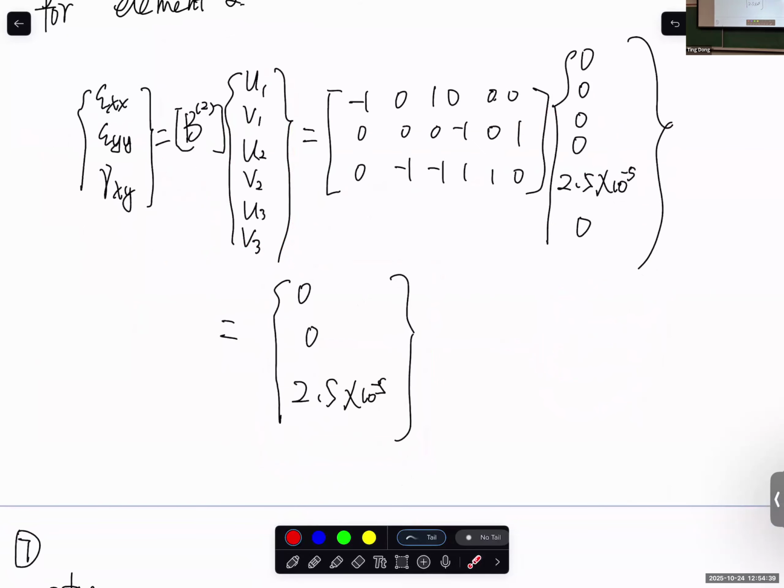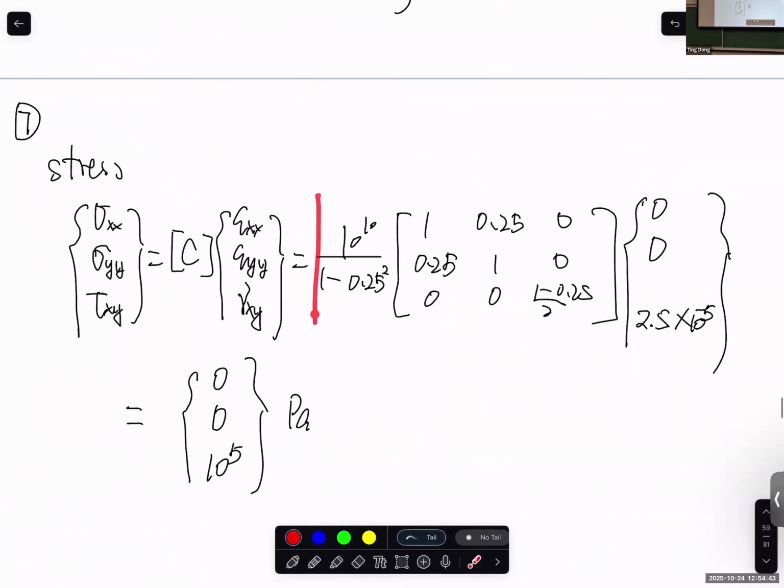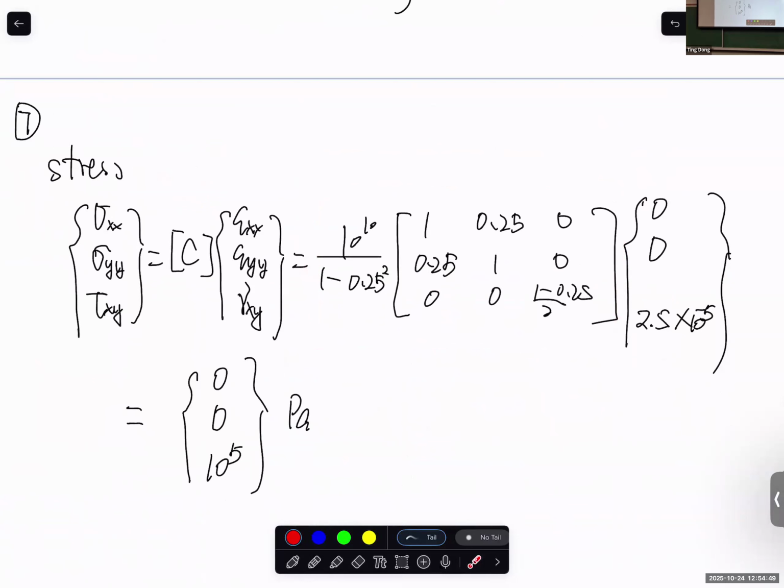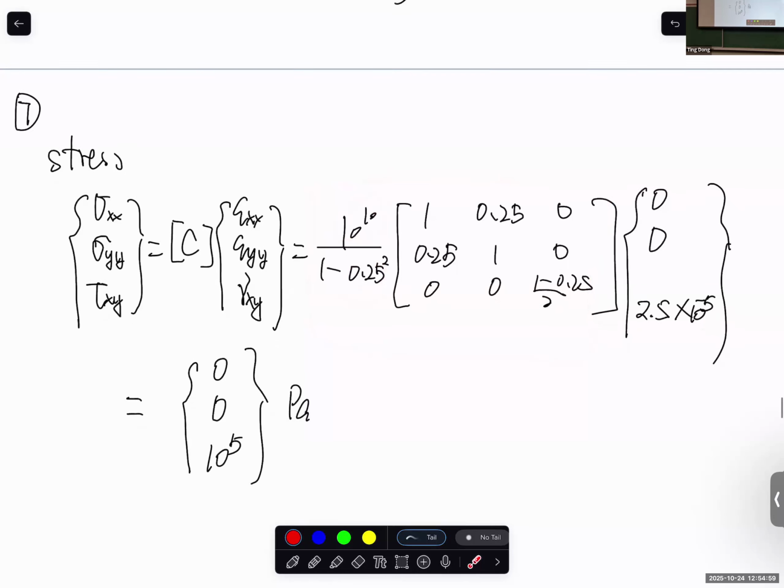And from strain to stress, we have the C matrix, which for the plane stress situation depends on the Young's modulus and Poisson ratio. Of course I provided this in the equation sheet I posted last night.